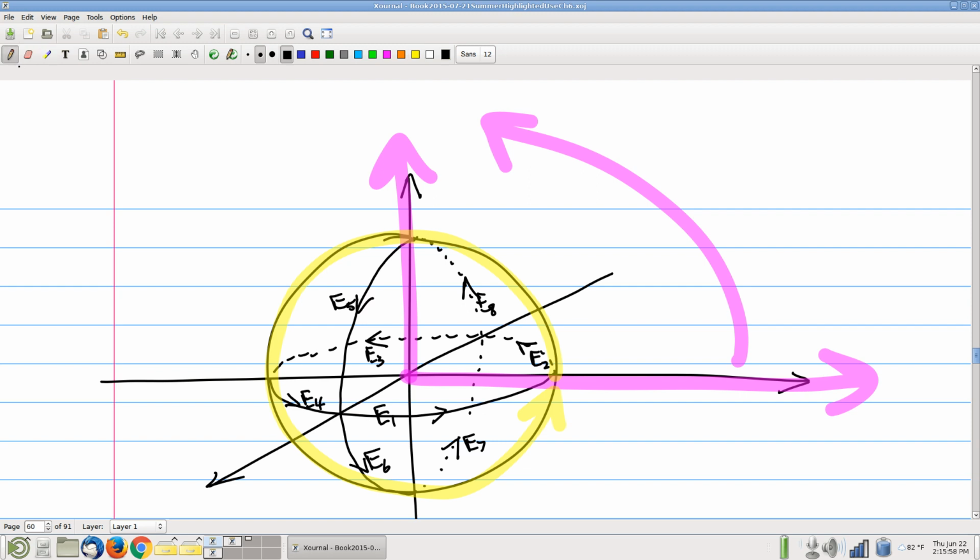So this is then E9, E10, E11, and E12. Okay. Everybody on board?